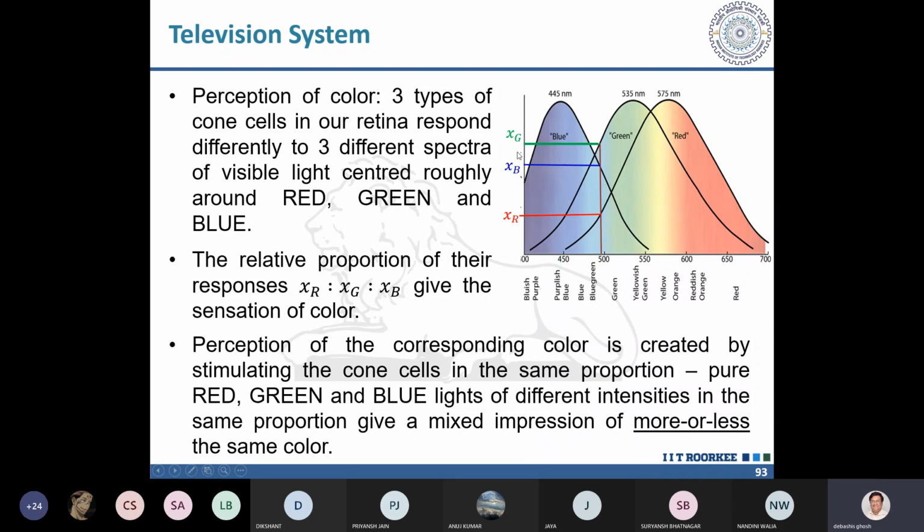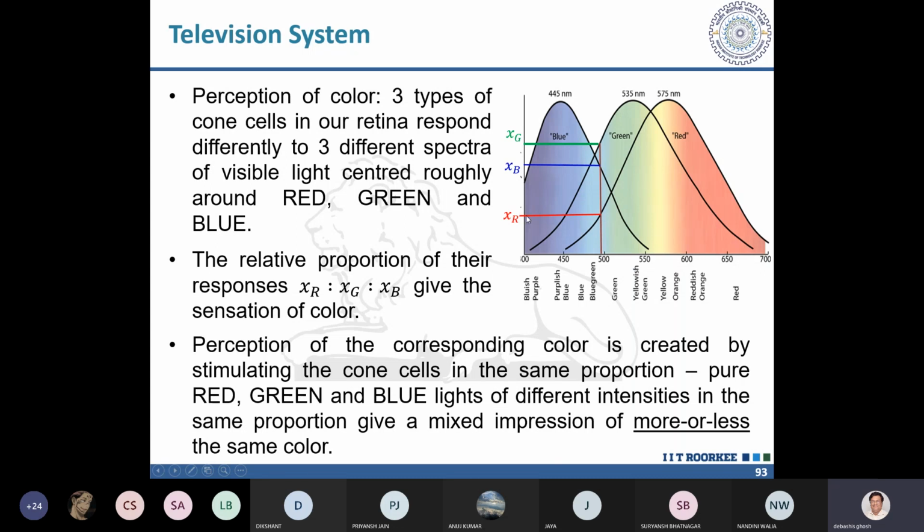The amount of response produced in these 3 types of cells will be defined. Suppose xg is the amount of response of the green cone cells, xb is the response of the blue colored cone cells, and xr is the response of the red colored cone cells.